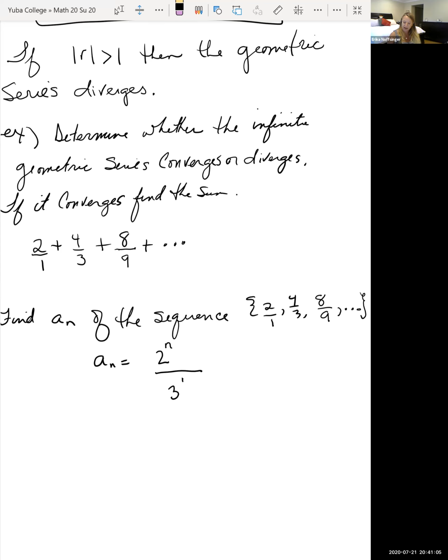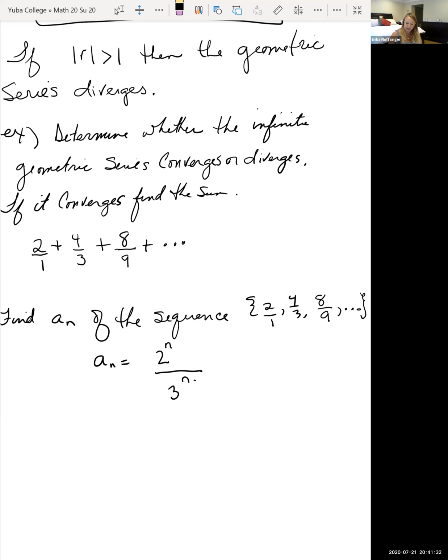And I know that something raised to the 0 power is 1. We start with our first term with n equals 1. So if I plug in 1 here, I would get 1 where I wanted to for my numerator. If I plug in 2, I get the 4, etc. The problem is when I plug in 1 into the denominator for n, 3 to the first power is 3, and I don't have 3 in my denominator there.